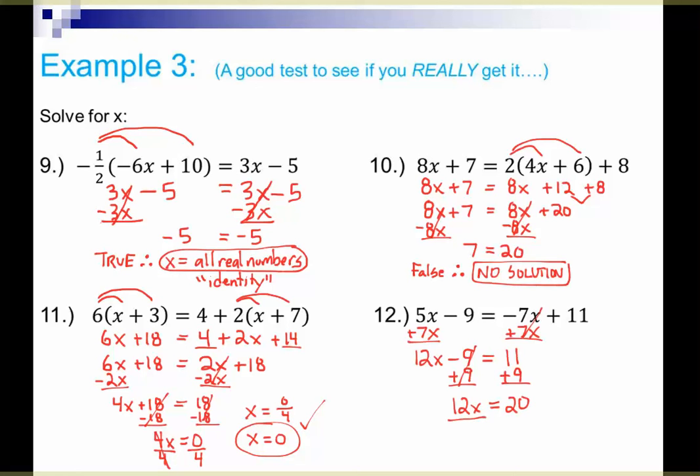And then we'll have to divide by 12. And that's x equals 20 over 12. Well, that can be reduced, right? So if I divide both top and bottom by 4, I should get x equals 5 over 3. So 5/3 would be your answer. That one's a little bit harder to check, but you could plug it in and do it. It would work out.